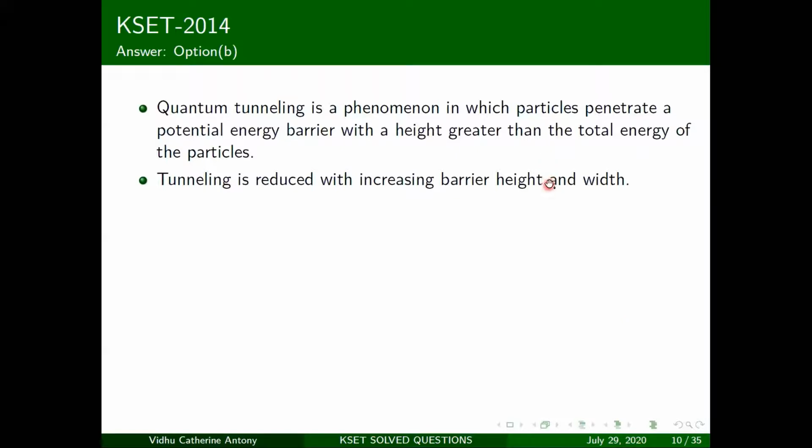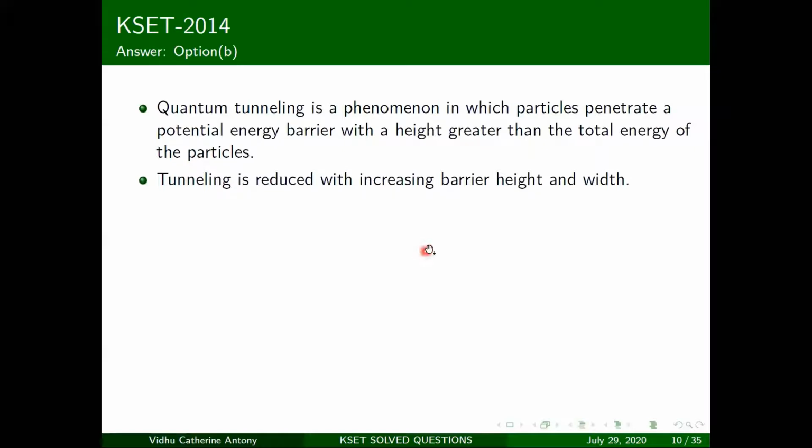Okay, so basically what's going to happen here is you will see in the formula, once we get to there, that the tunneling is reduced when the barrier height and the width are increased. So when the barrier height is increased, it is more difficult for me to pass through.